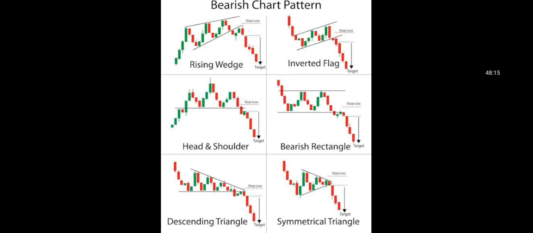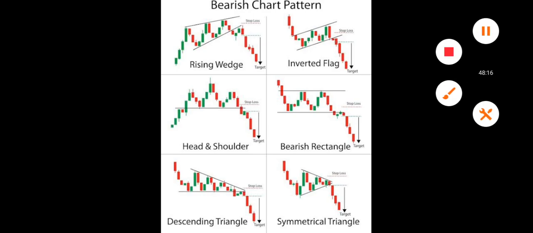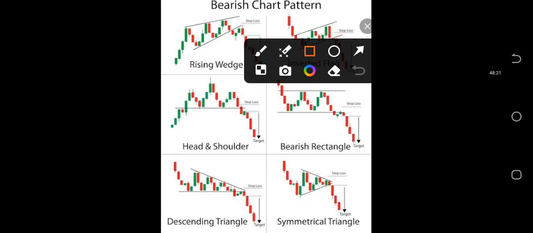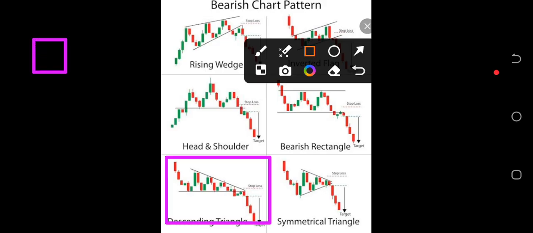Now we are seeing another pattern here called the descending triangle. All these patterns, if you start making yourself available in the market, you will begin to notice them. Naturally, you begin to see them. This one is called a descending triangle. When you say something is descending, we mean it is going down. It is a triangle, but it is descending.